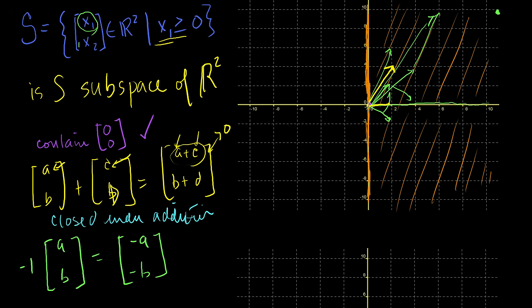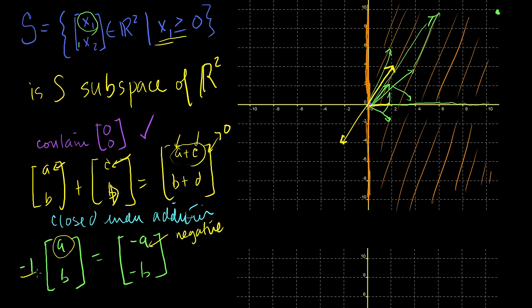I get (-a, -b). I get this vector, which you can visually clearly see falls out of our subspace, if we view these as position vectors. Or if you just do it mathematically, clearly if this is positive, and let's say we assume this is positive and definitely not 0, then this is definitely going to be a negative number.